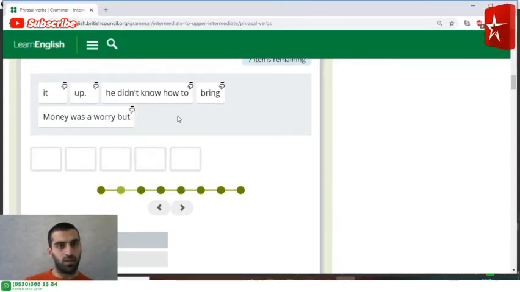He didn't know how to bring up, money was worry, but so. As you know, in order to make a correct sentence, we have to be careful with sentence order. We have to have subject, and then we should have verb, and object. Great. For the next one, money was worry, but.